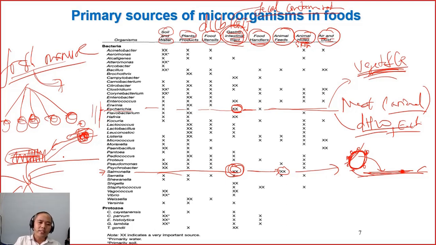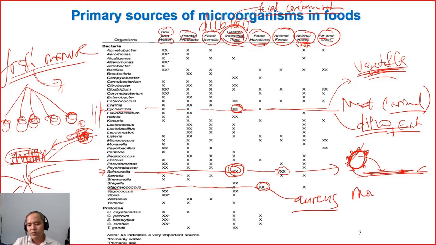Right, if we look at Staphylococcus aureus, for example, here, we see the main source they come from is food handlers. Staphylococcus aureus actually occurs a lot in our nostril system, in our mouth, nose, and ear, in the holes of our body.